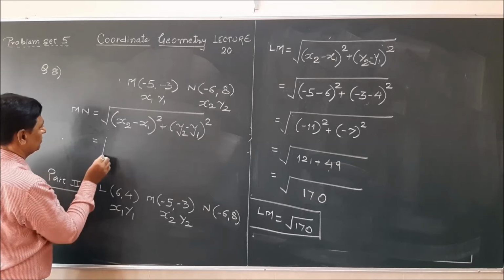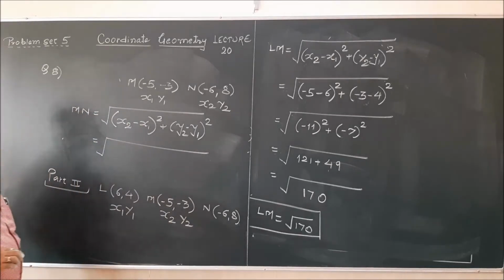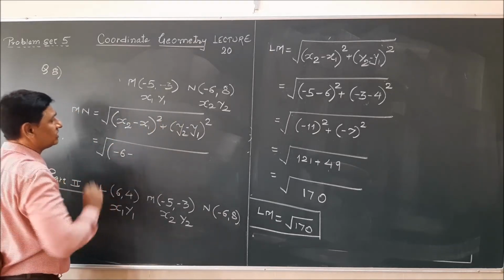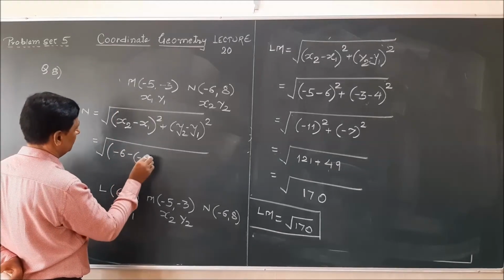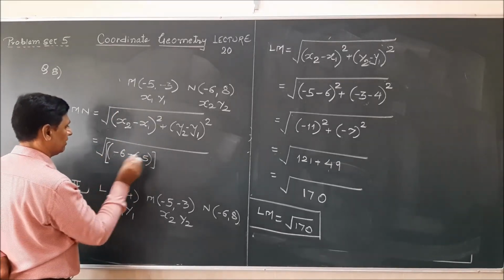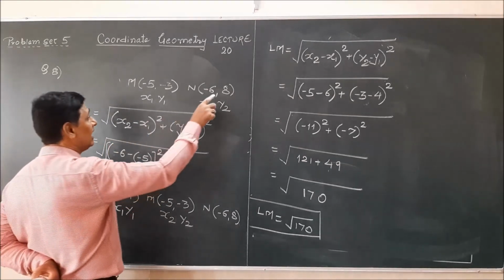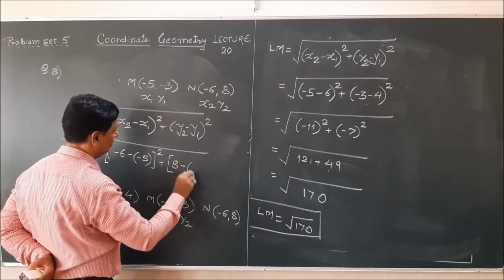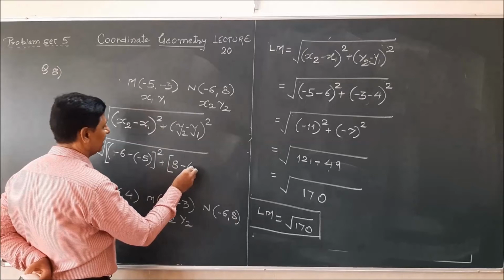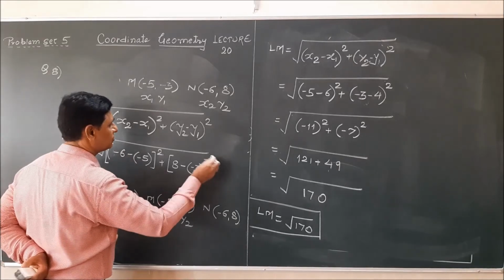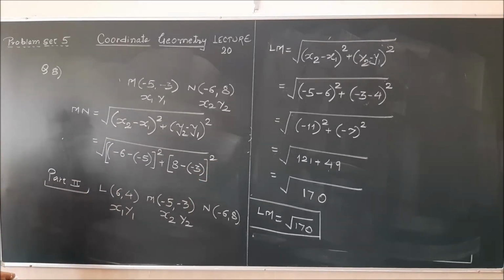So that is equal to root of x2 minus x1, minus 6 minus of minus 1, bracket square, plus y2 minus y1, 8, be careful here, minus of minus 3, the whole square. So this is part 2.